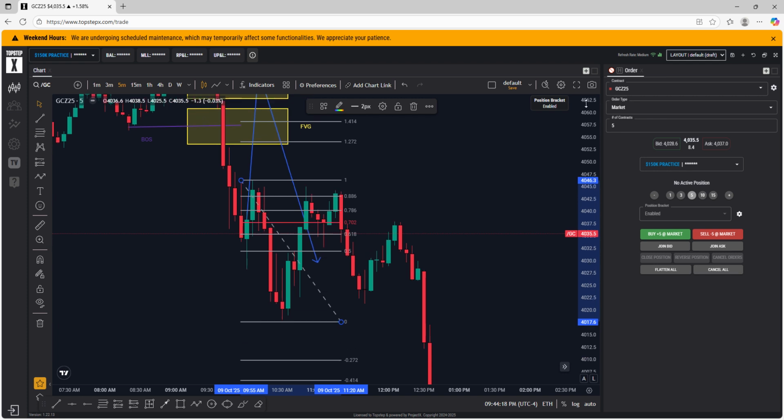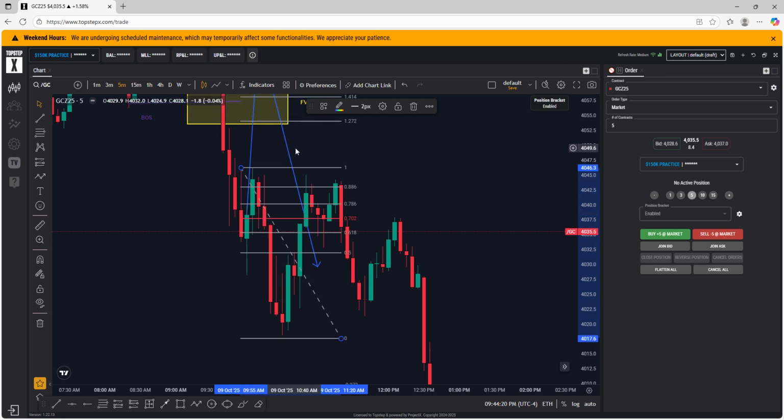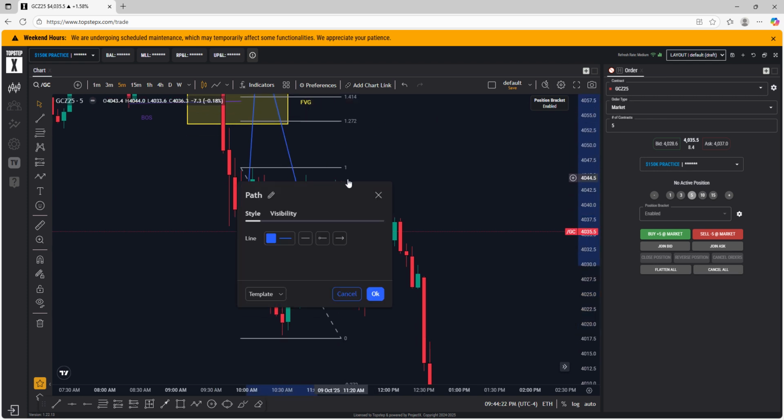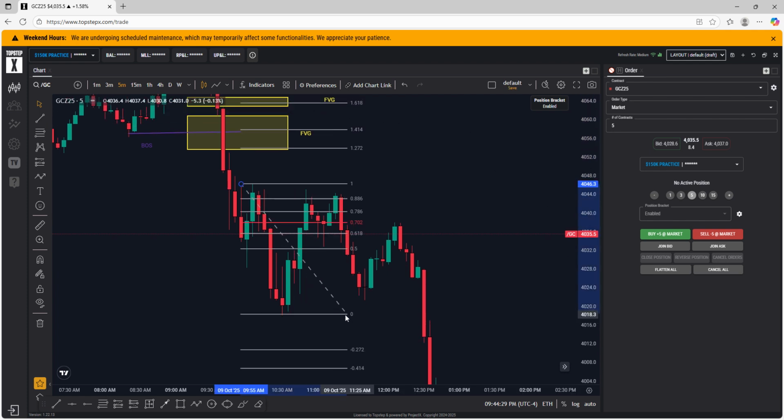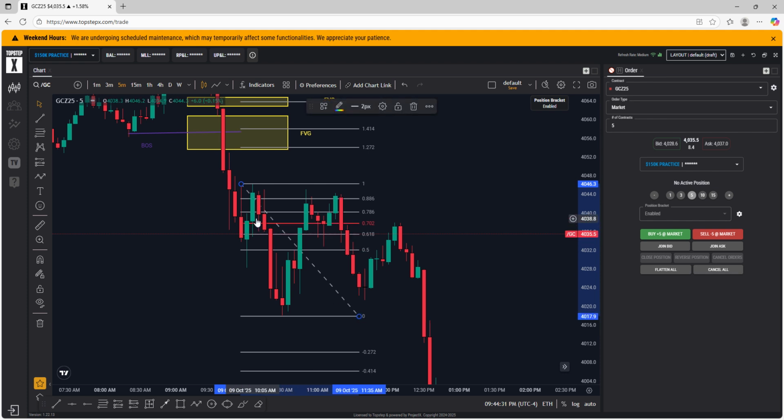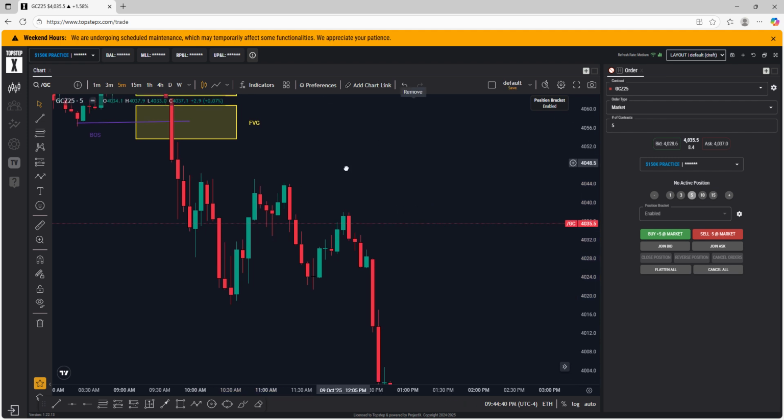Boom. In this case, let's clear this up a little bit. In this case, my order block is out of the zone. It's not valid. Can't draw anything up. All right, cool, let's keep going.